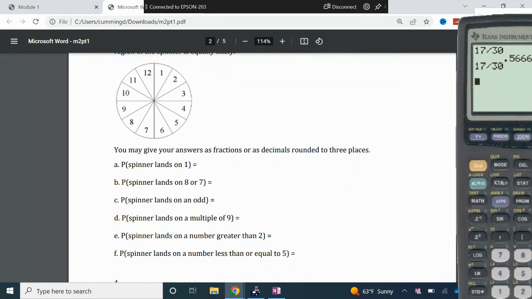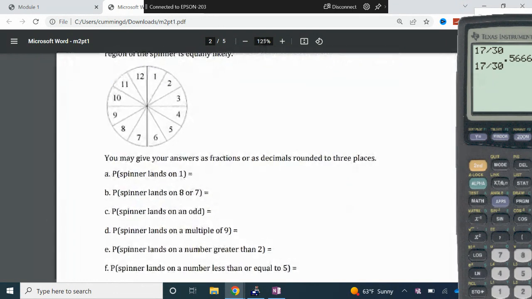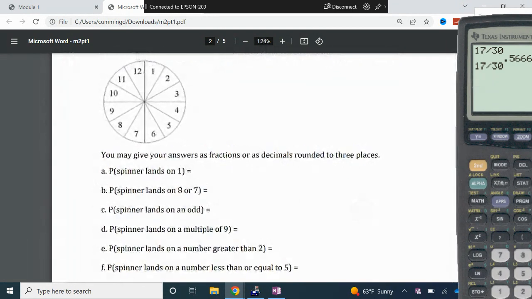And then lastly, the probability that the spinner lands on a number less than or equal to 5. All right, so at this time, I'm going to give you a few minutes to attempt this problem, and then we're going to take a look at the solution.